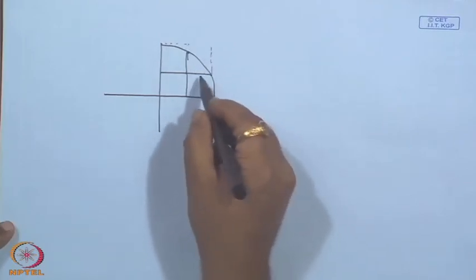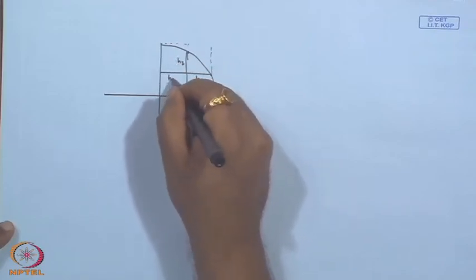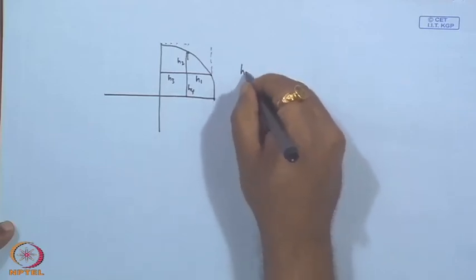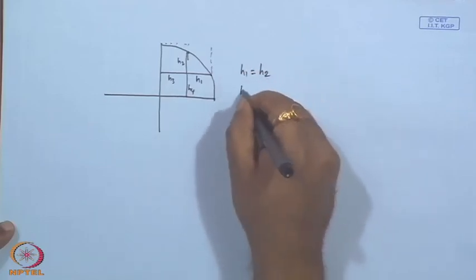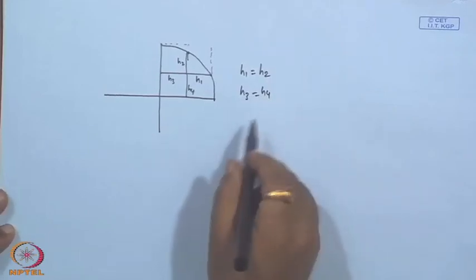So, the arms in this case are h1, h2, h3, h4. In this case h1 equals h2, h3 equals h4, right.